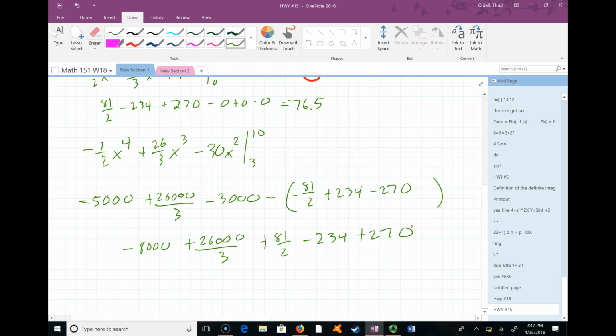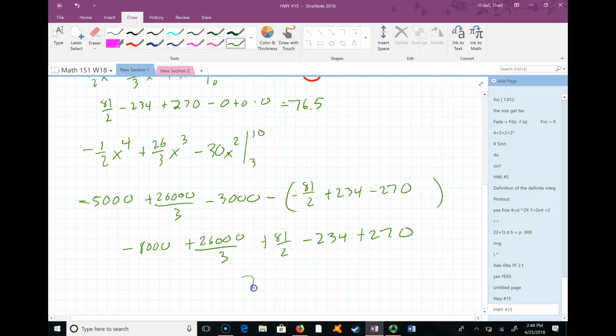And if we add all that together, negative 8,000 plus 26,000 divided by 3 plus 81 divided by 2 minus 234 and plus 270.